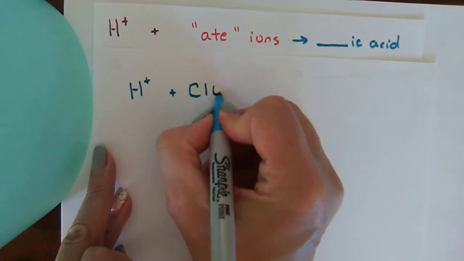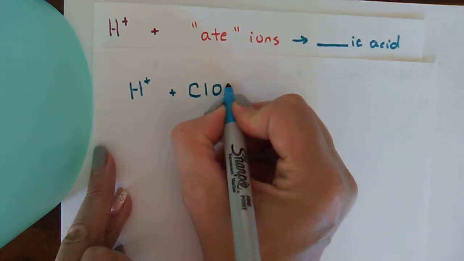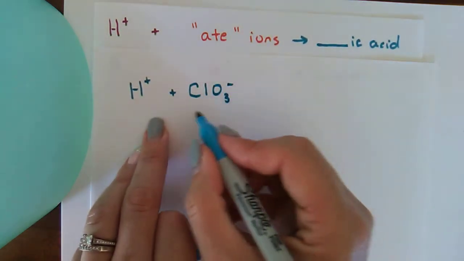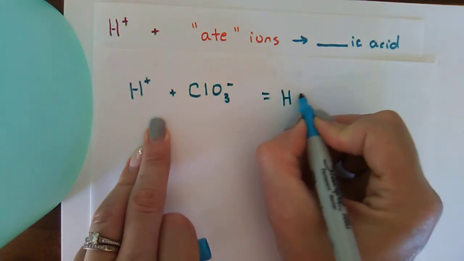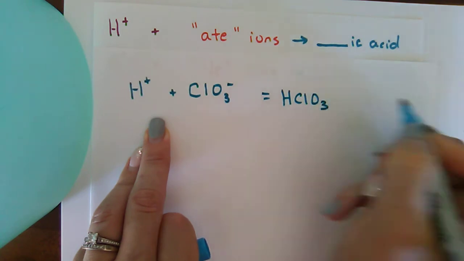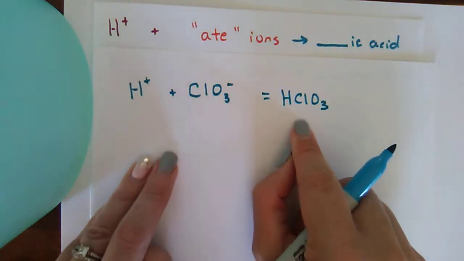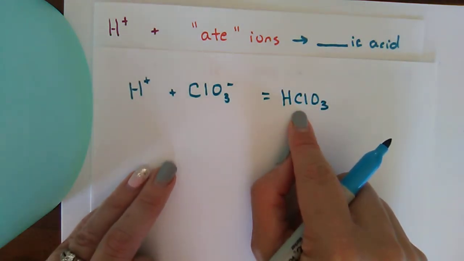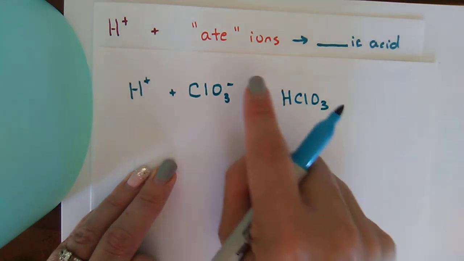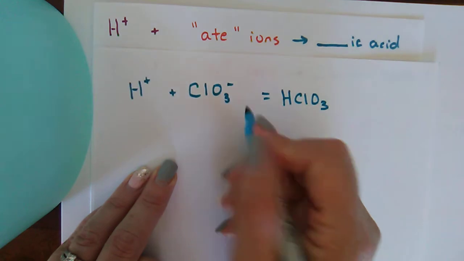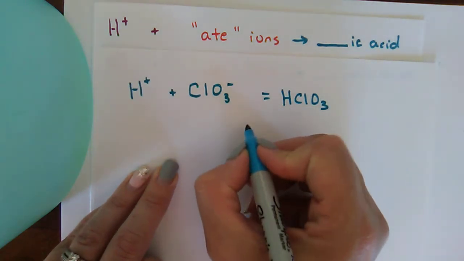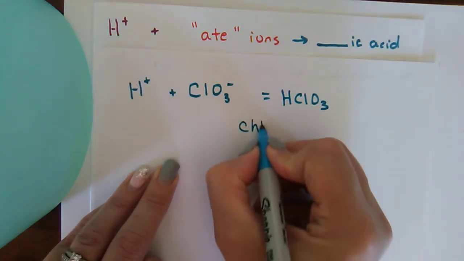Chlorate is a ClO3 grouping and has a charge of -1. When we do a crisscross, we can get the formula HClO3, which in grade 11, and still is correct, we could name hydrogen chlorate. Because the anion is chlorate, we can now give this the common acid name of chloric acid.